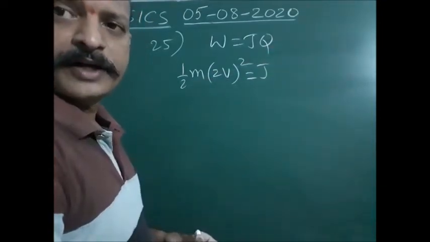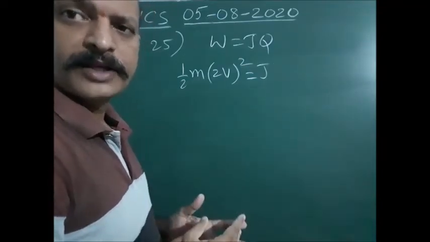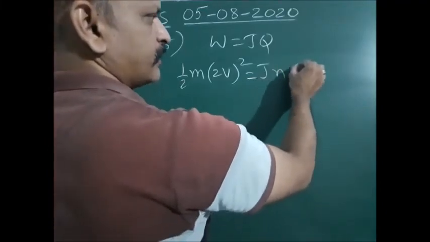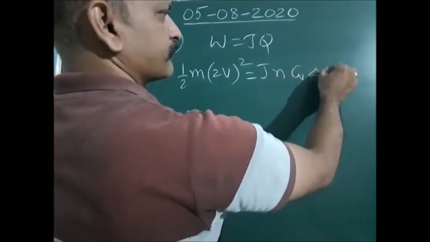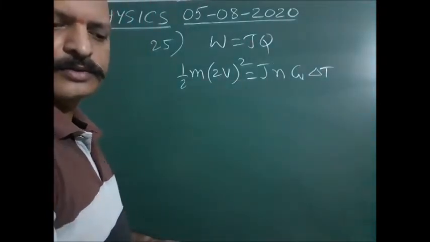Heat is used for increasing the temperature of the gas within the vessel, that is internal energy change, which is given as n Cv delta T. The delta T we have to find out, right?